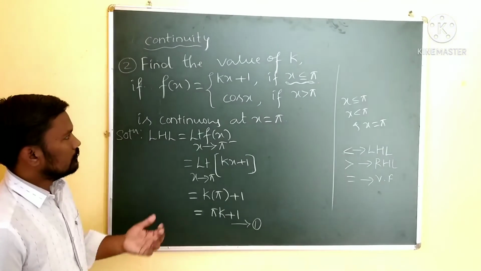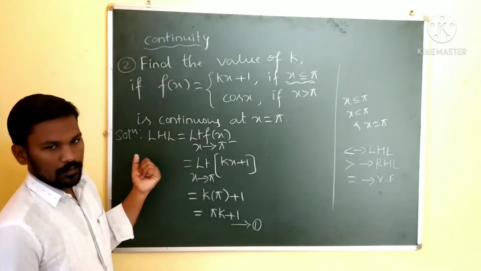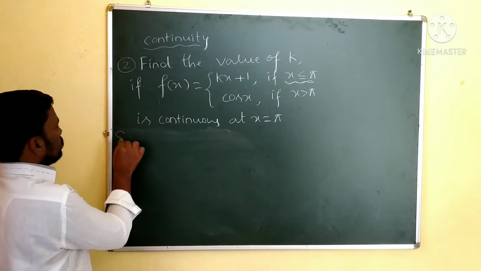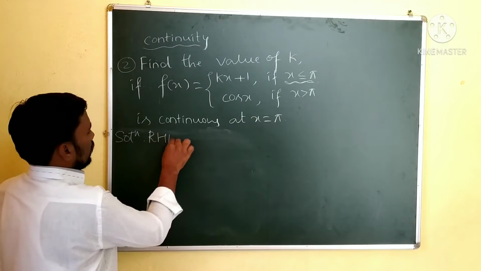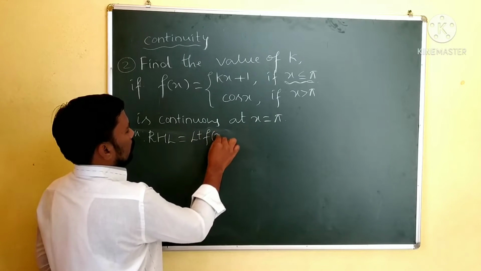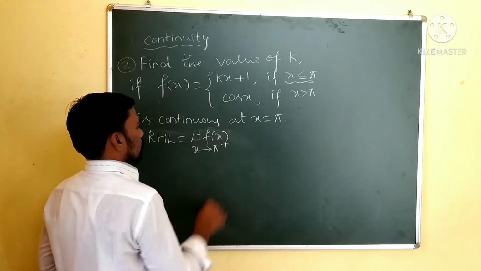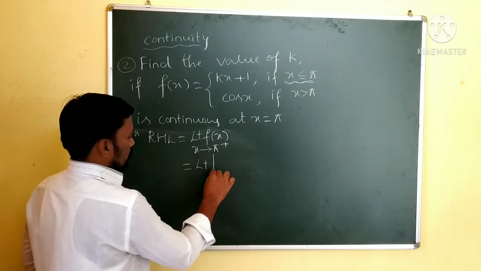And now calculate the RHL value, the right hand limit value. RHL, right hand limit is equal to limit of f of x as x tending to pi plus. That is equal to limit of f of x.